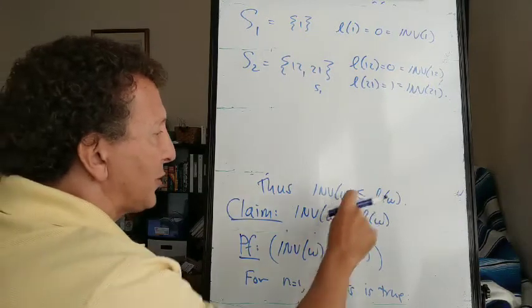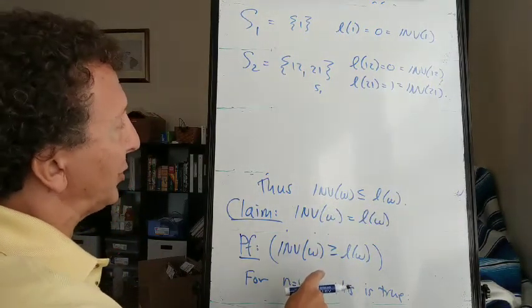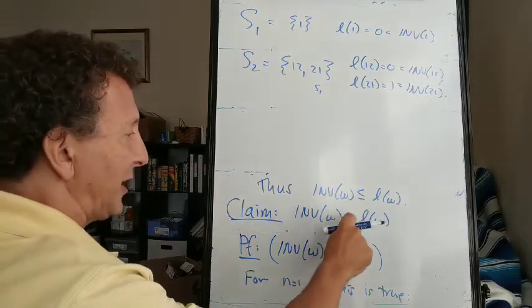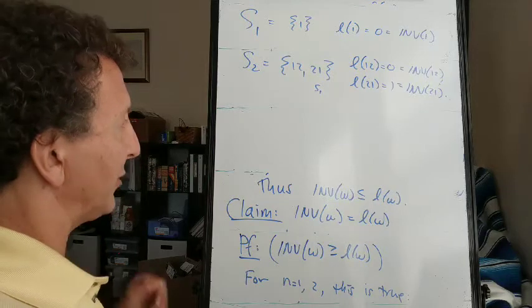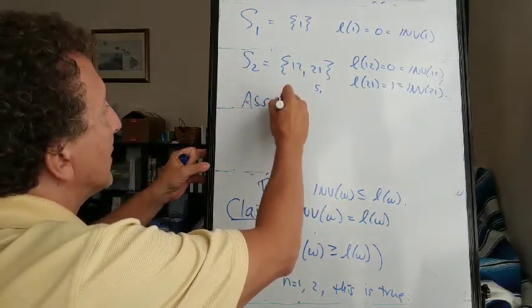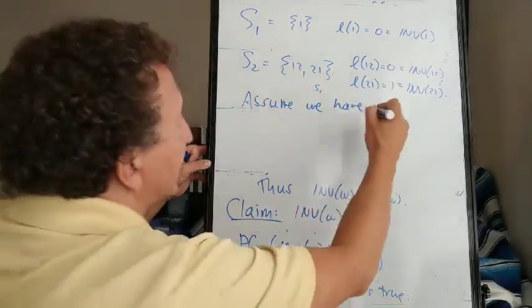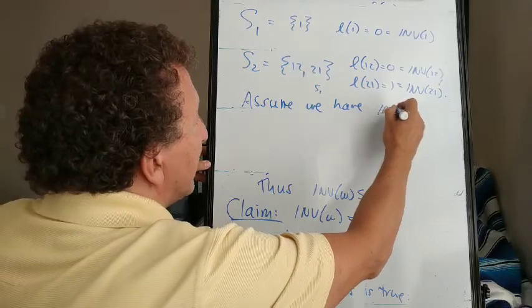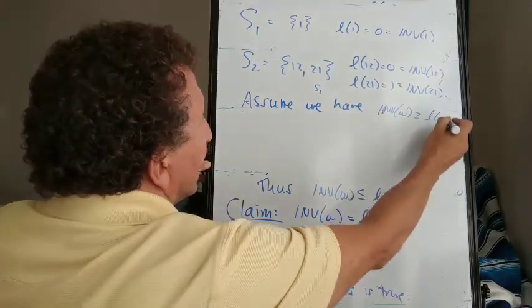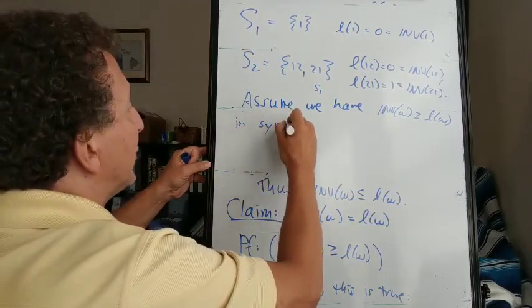Now we've already established one inequality, so if we assume that we have the other inequality for symmetric groups capital S1 through capital Sn, we're really assuming that we have equality for capital S1 through capital Sn. So let's assume we have number of inversions greater than or equal to length in the symmetric groups.